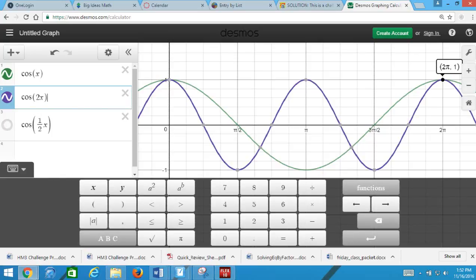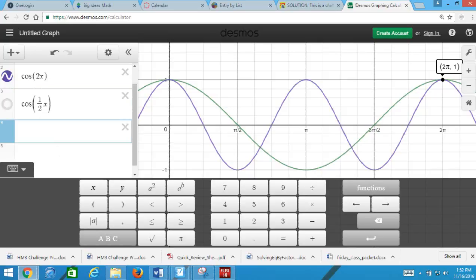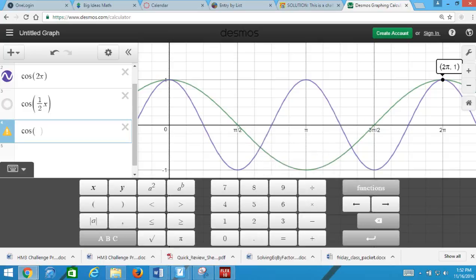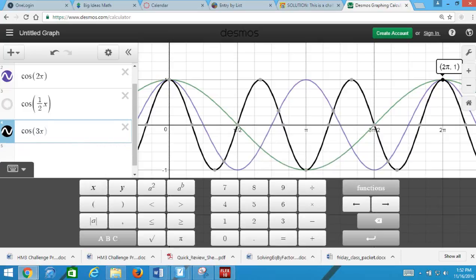And we could even try this real fast. Make another one, do cosine 3x, and see how many x-intercepts there are. Six. Because it was originally 2, and now there's 3 times as many.